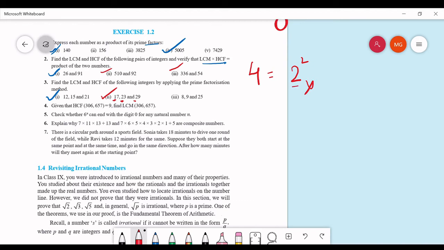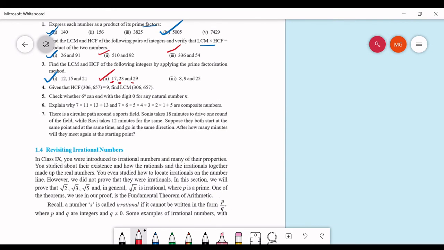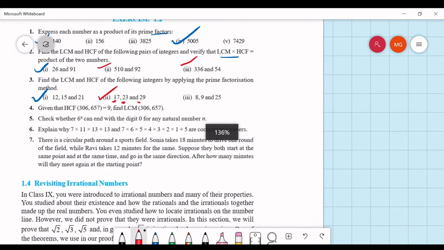Because for the digit to end with 0, we must have 2 and 5 as factors. But in this case, we were having only 2 but not 5, right? So that was wrong because the fundamental theorem of arithmetic didn't allow us.